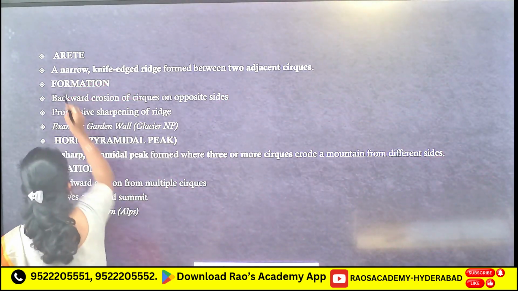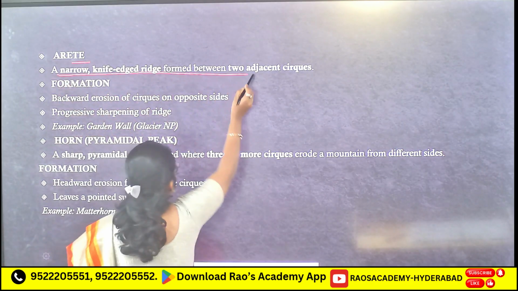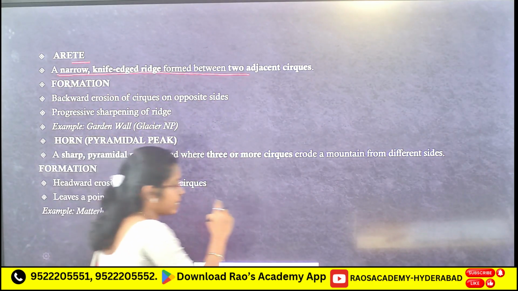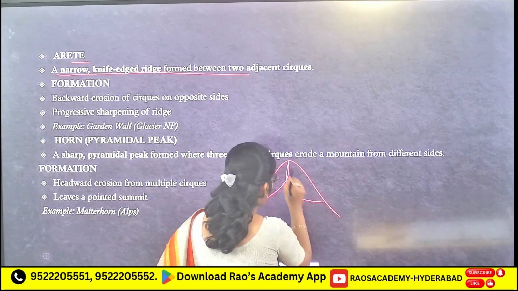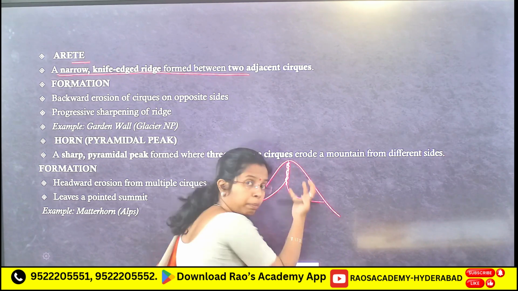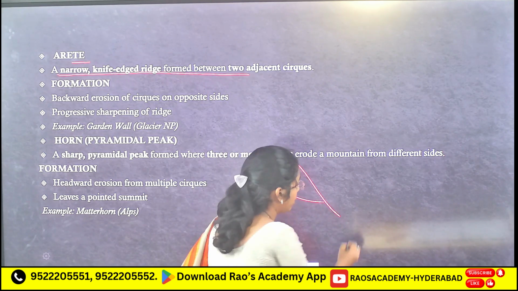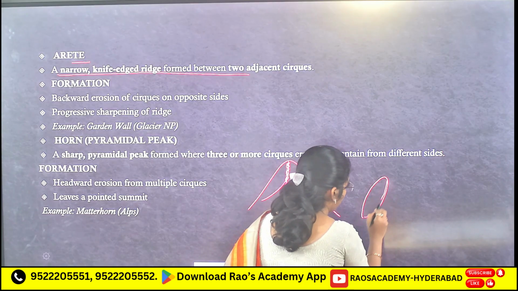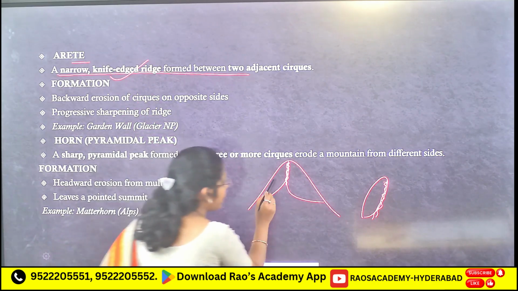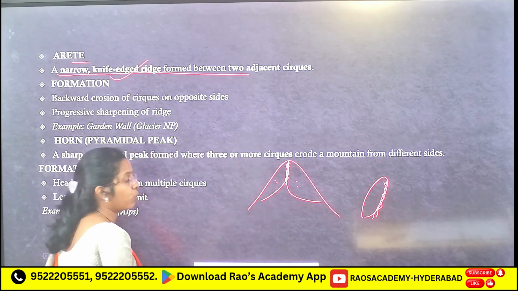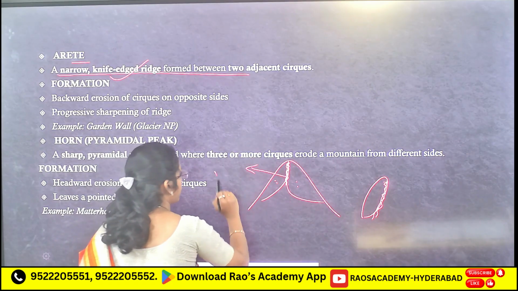Next, arete, a narrow knife-edged ridge formed between two adjacent cirques. Example, here one cirque is formed, here one cirque is formed. Now these are bowl-shaped hollows, right? The raised knife-edged ridge between these two cirques is known as arete.